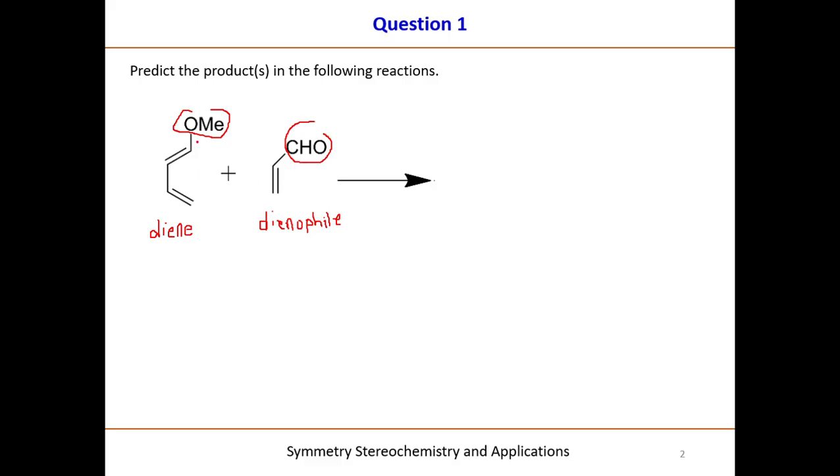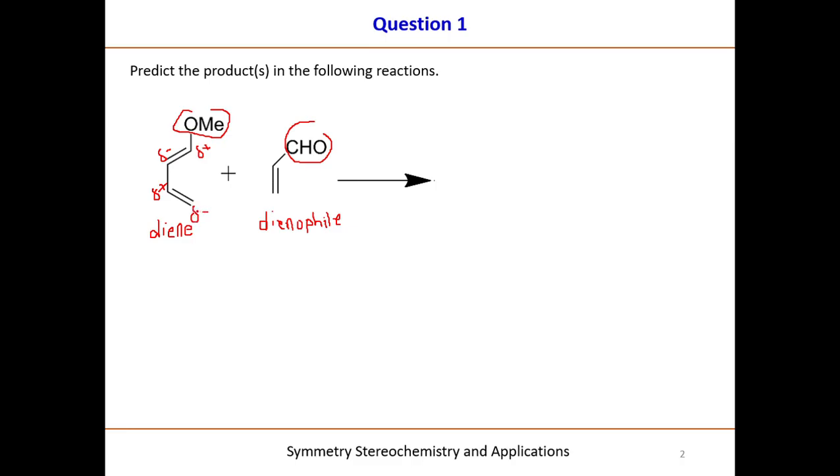Here it will give a partial positive charge on this carbon atom, because of the electron donating group, and a partial negative charge here.